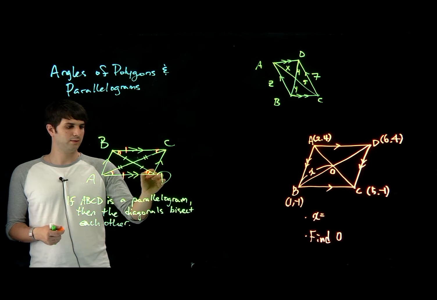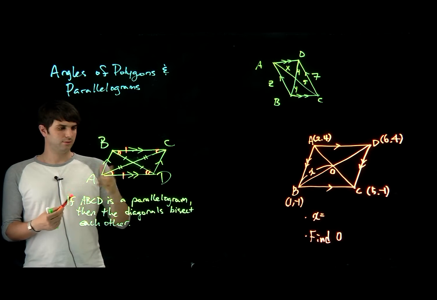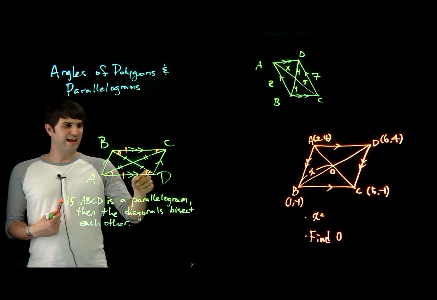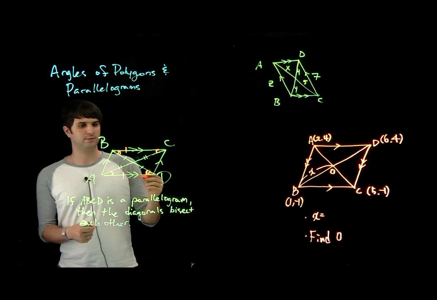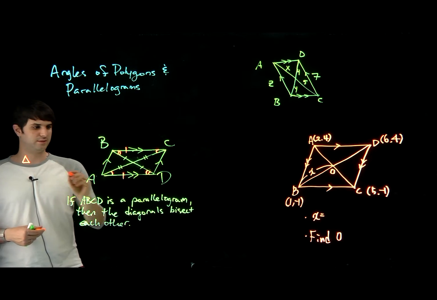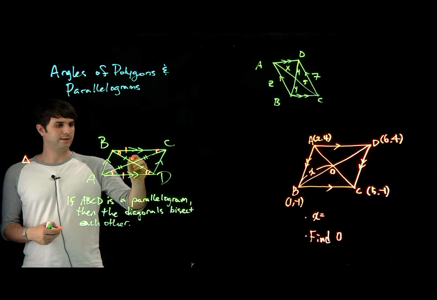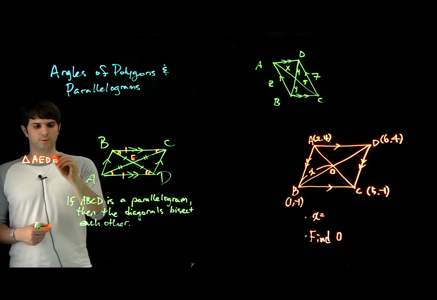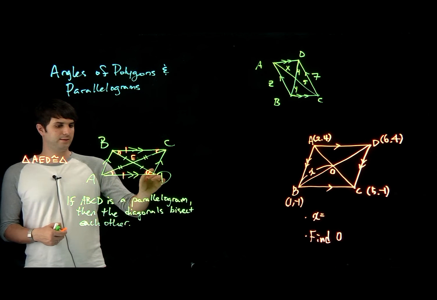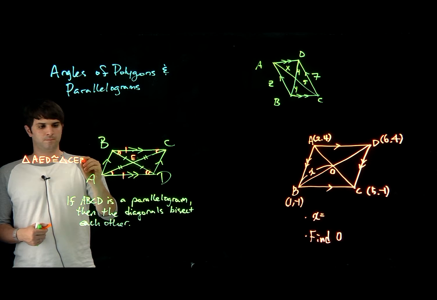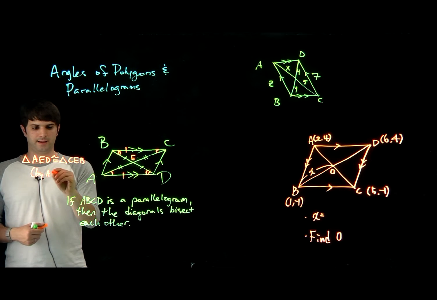these angles will be congruent as well. So by ASA, let me write this down here. We'll call this point E. Triangle AED is congruent to triangle CEB, and this is by ASA.